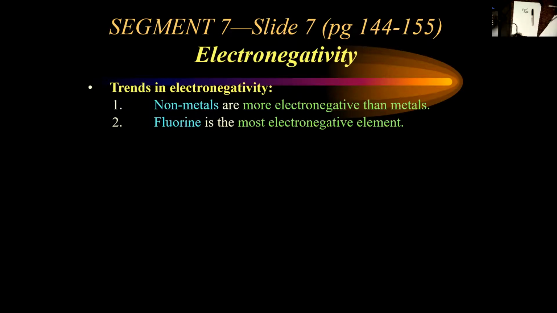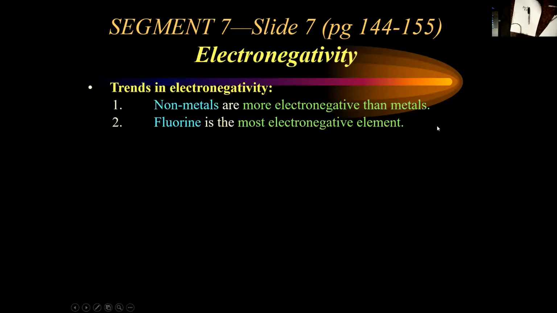Okay, fluorine is the most electronegative element because it's the smallest one of the atoms, neglecting helium. It's the smallest element on the chart. Fluorine is in the corner of the periodic chart, and it still has the highest electronegativity.